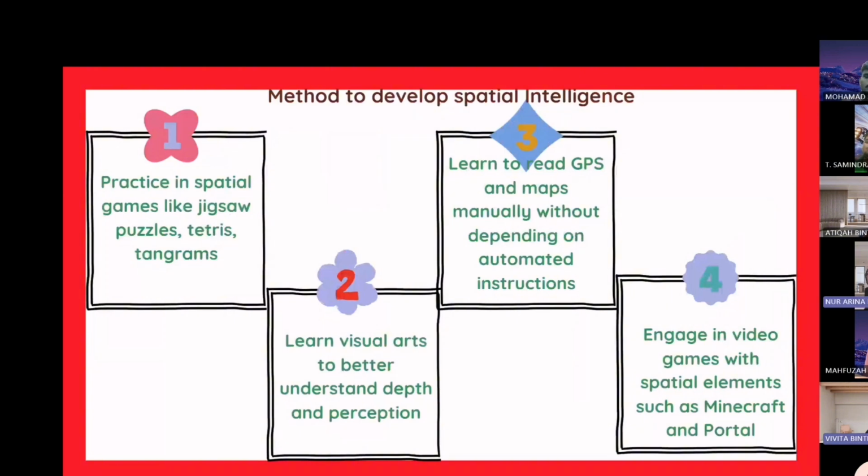By engaging with painting, drawing, and sculpting, you naturally develop a better understanding of depth, perspective, and how objects relate to each other in space. Thirdly, practice reading GPS and maps manually. Instead of relying solely on automatic voice instructions, try to interpret maps yourself.